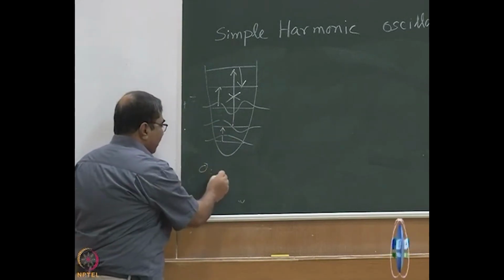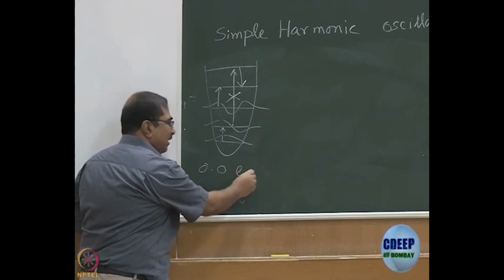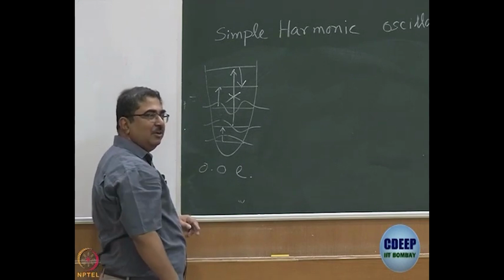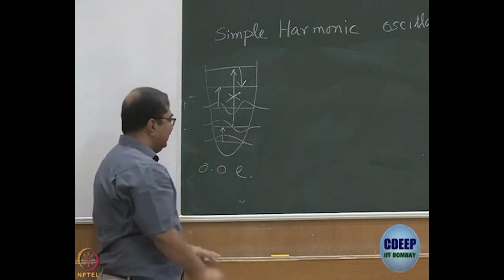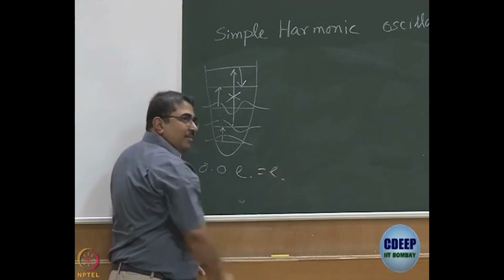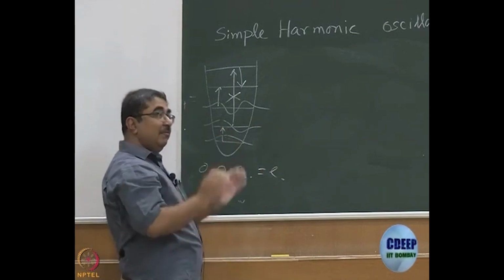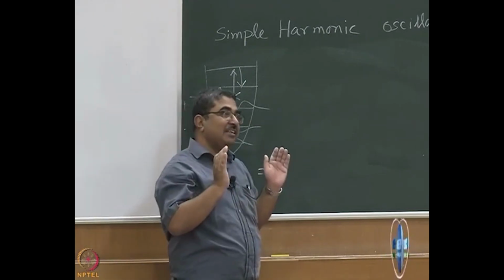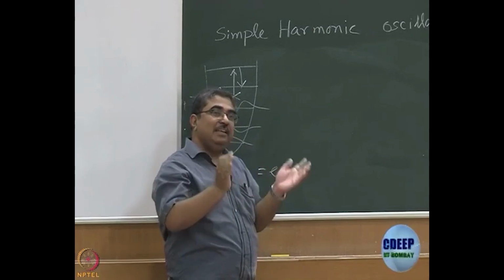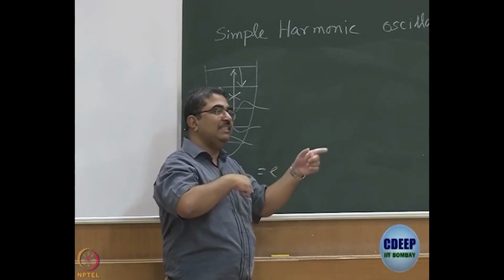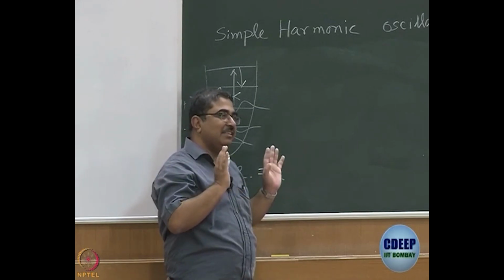Odd multiplied by even, is it odd or even? It is even. So for these two, the transition moment integral's integrand is an even function. If you just change the sign, the integral will not vanish.